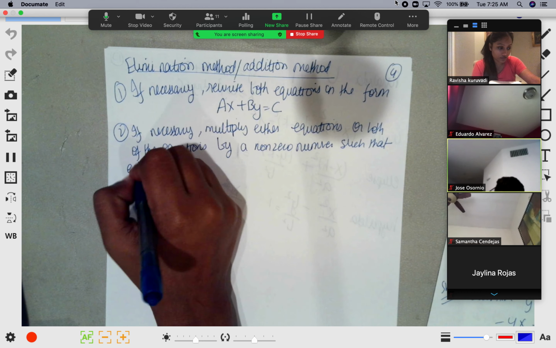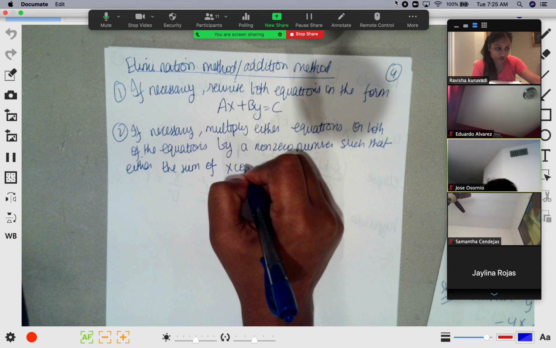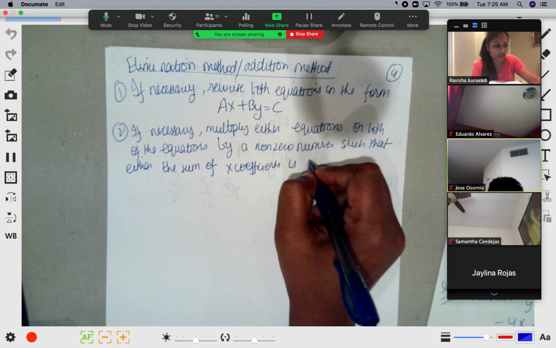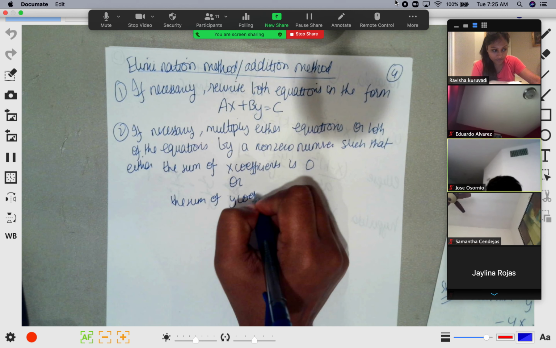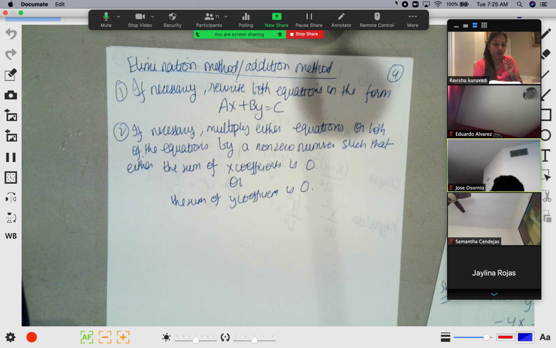So basically in step 2, we're going to multiply both of the equations or one equation in such a way that if I add both equations, either the x variables come out to be 0 or the y variables come out to be 0.